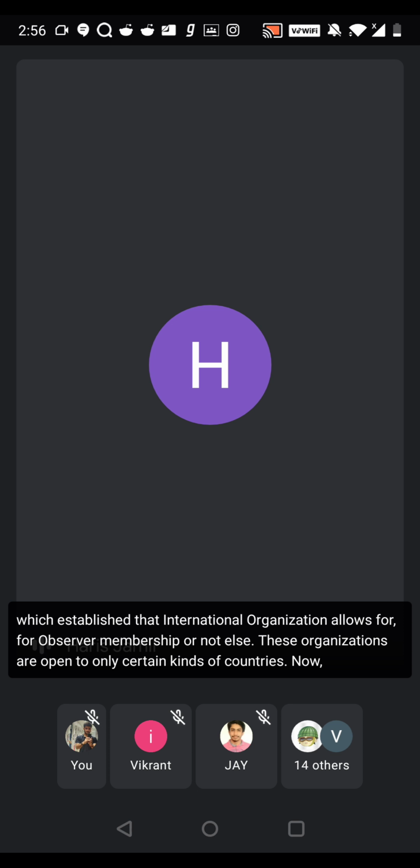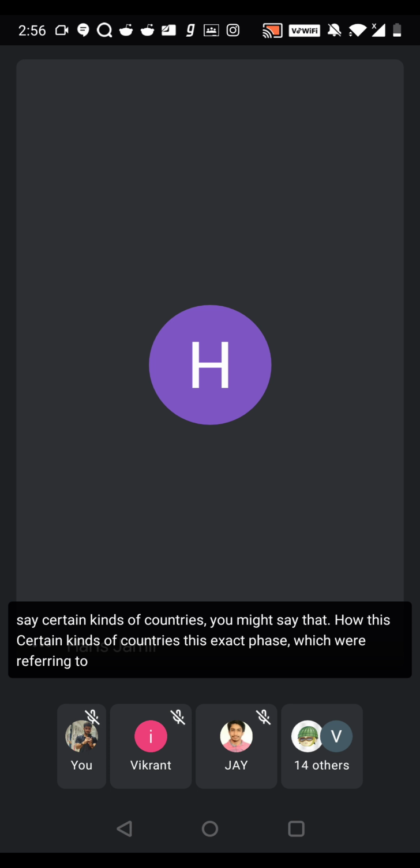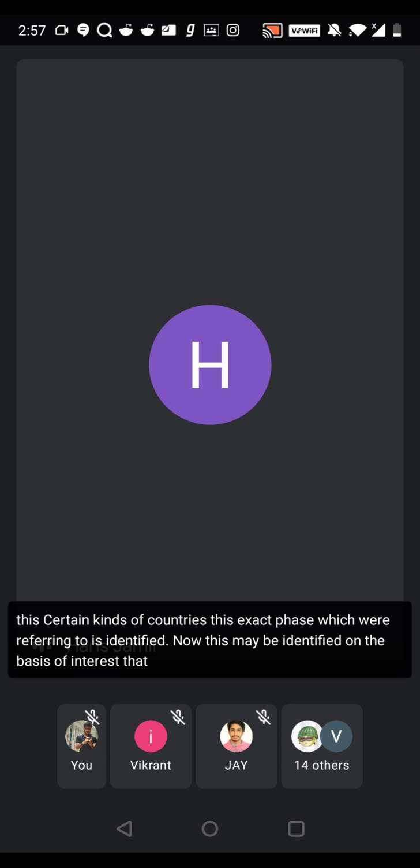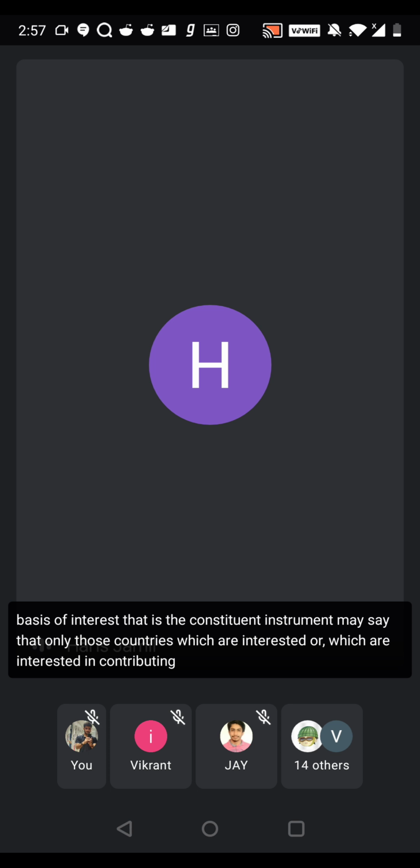Now, when I say certain kinds of countries, you might ask how this is identified. It may be identified on the basis of interest. That is, the constituent instrument may say that only those countries which are interested in contributing forces, for example, to this group will be members of it.